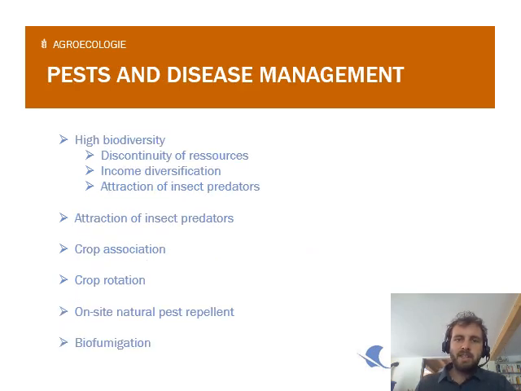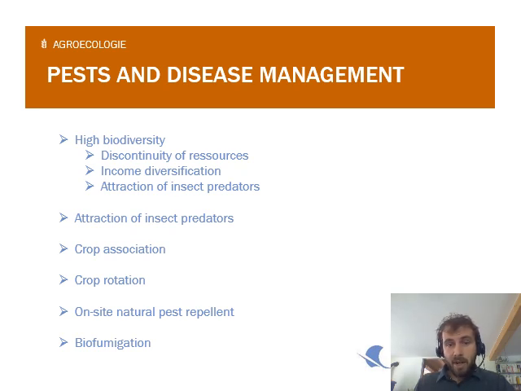For pest and disease management, we rely mostly on a high biodiversity. So as we saw in this lecture, this means we have discontinuity of resources, we have an income diversification, and we have the attraction of beneficiaries, predators that can kill the pests and the diseases that we want to fight.